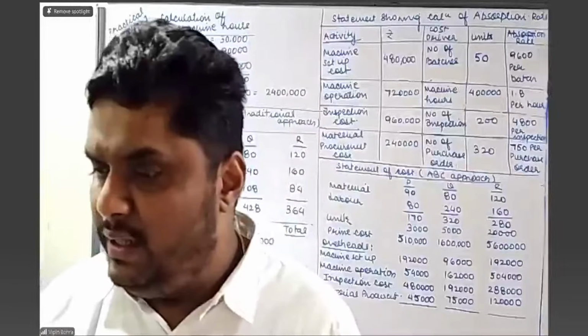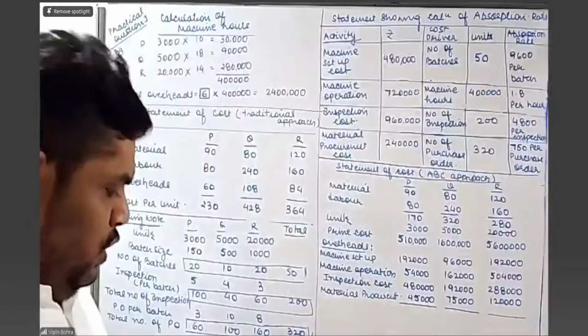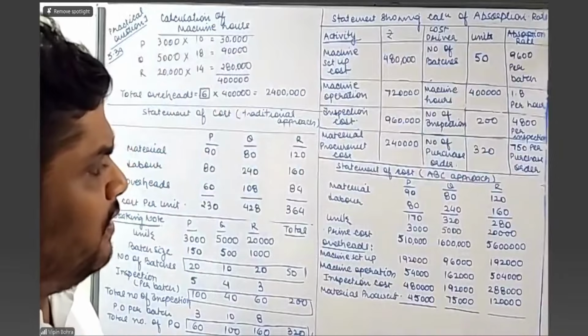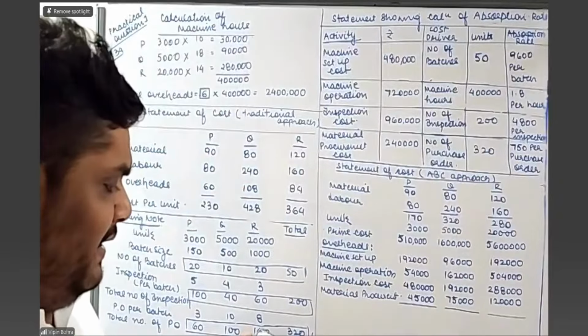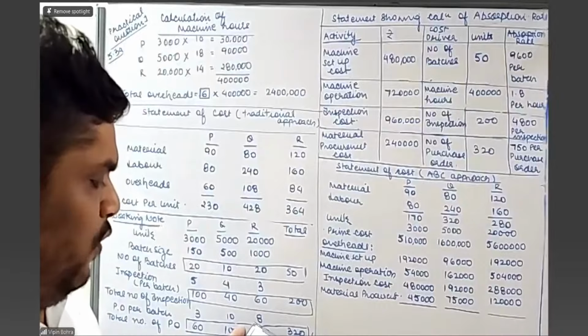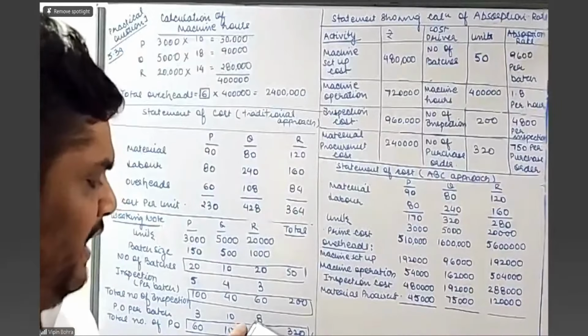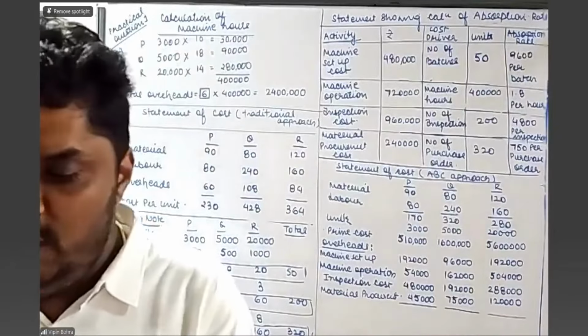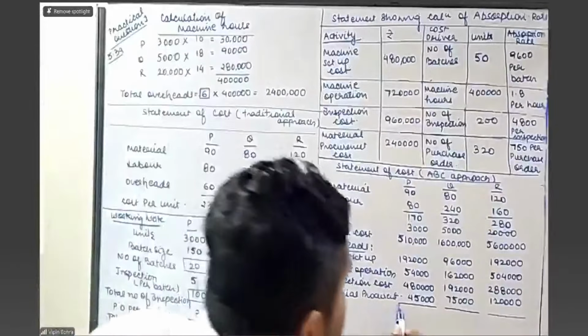So let's calculate the total cost. So 5,10,000, 1,92,000, 54,000, 4,80,000, and 45,000. So this will be 12,81,000.